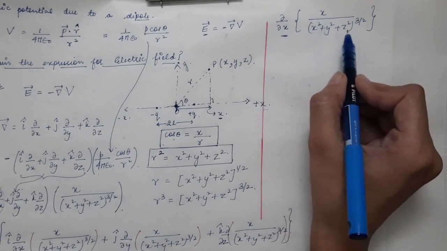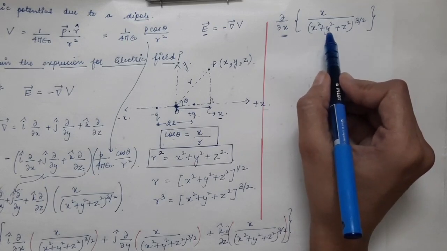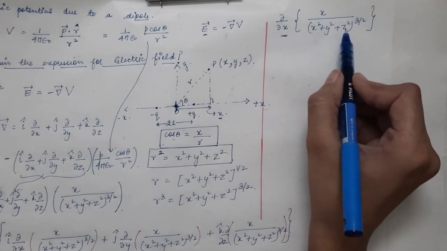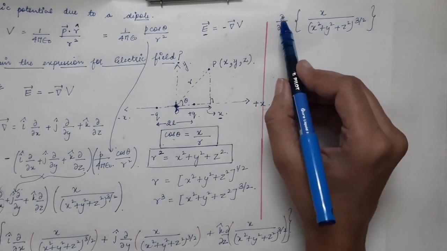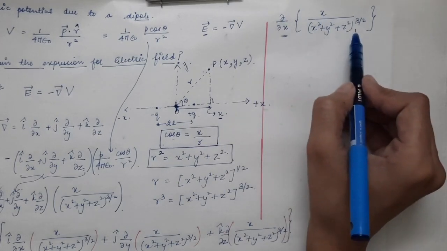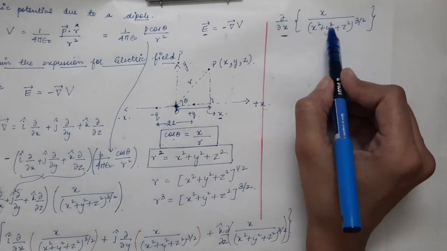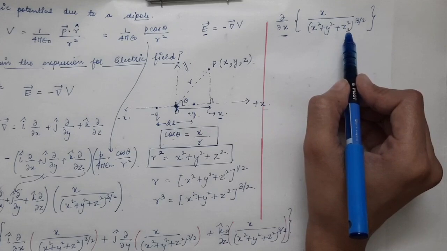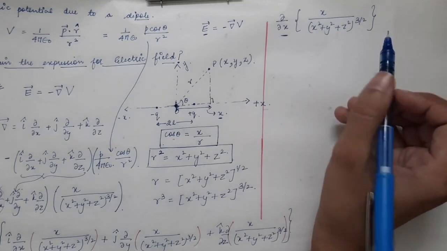All other quantities over here, let's say that is y and z, will be treated as constants. So here we are doing the partial derivative with respect to x, so only x will be treated as variable, and all other, for example y and z, will be treated as constants.